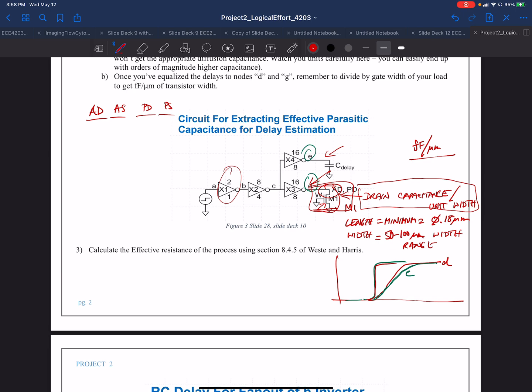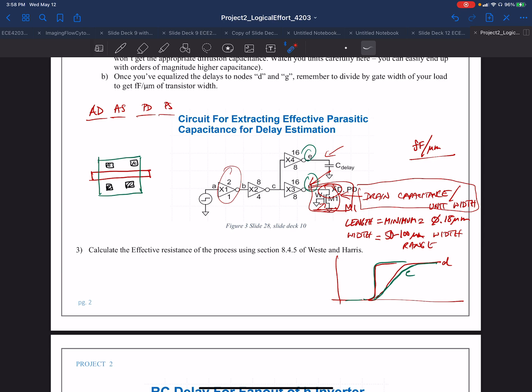You have to remember how a transistor is laid out. Here's your poly gate, here is your active, and here are your contacts. What we're trying to do is to get the area.